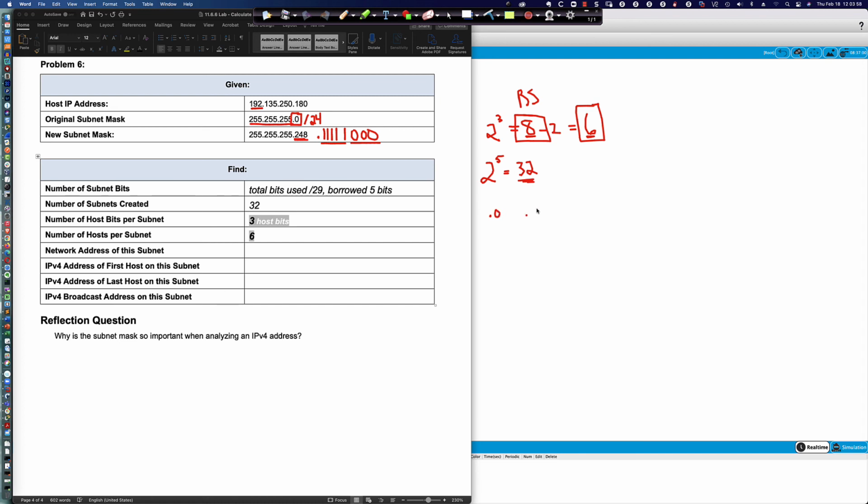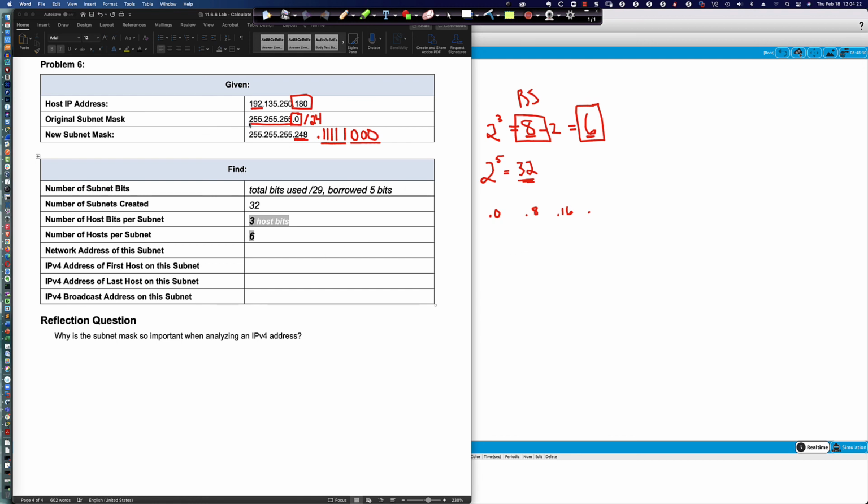Subnet 2 is going to be .8. I'm sorry, block size is 8. I think I might have said 6. Block size is 8. So 0, 8, 16, right? I'm just going up in increments of 8. It might take me a few minutes before I get into the range where the subnet ID is greater than 180. So what if we did that little trick, the binary ANDing we saw.